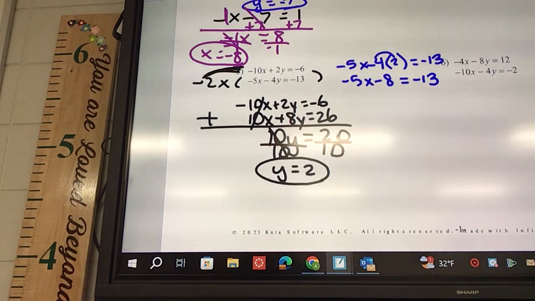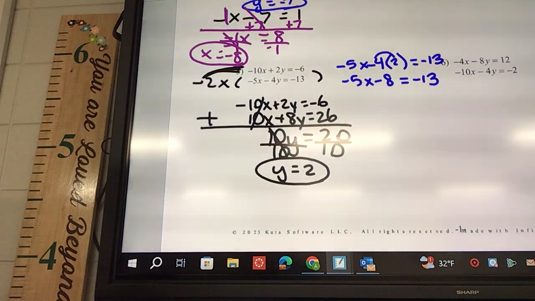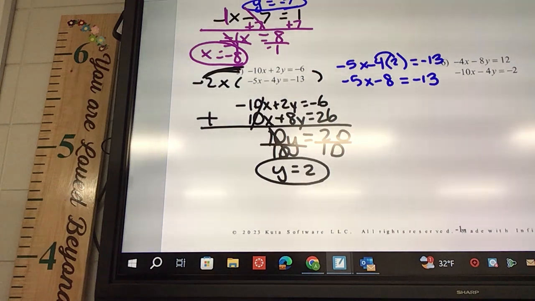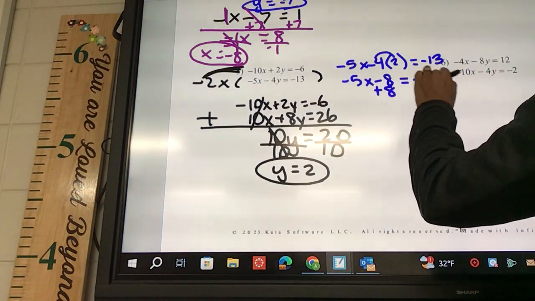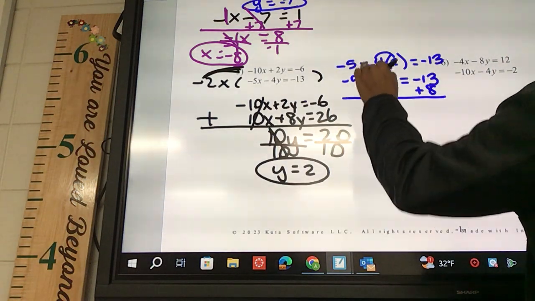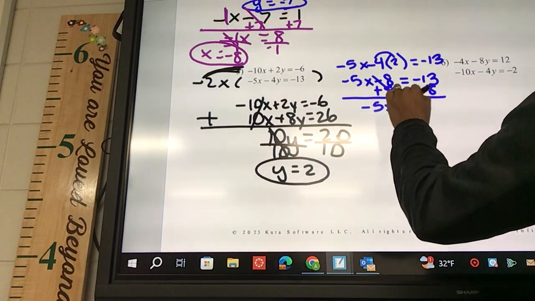Okay, and then what needs done? Move the negative 8. So we're going to say plus 8 on both sides. So I got negative 5x. What is negative 13 plus 8?